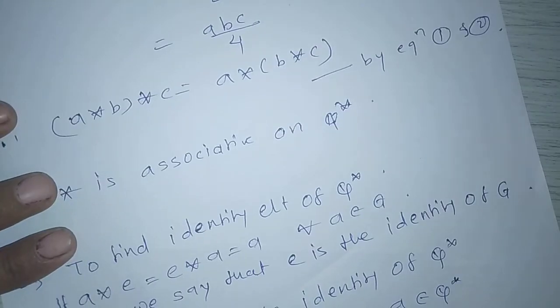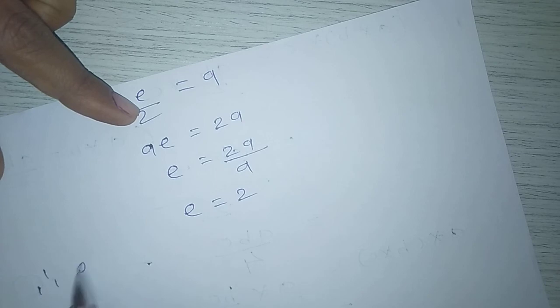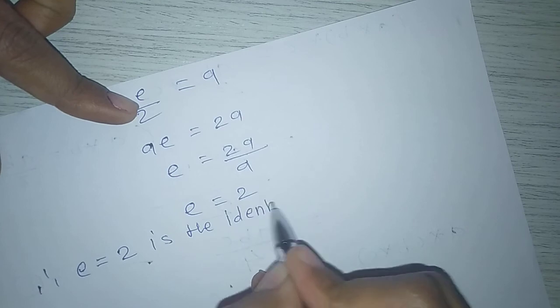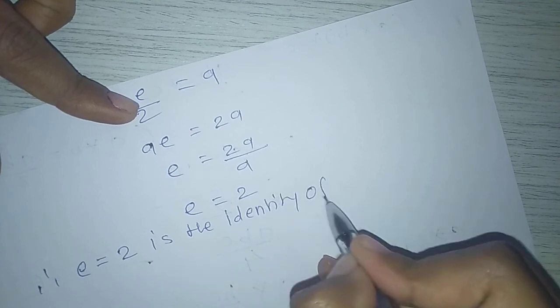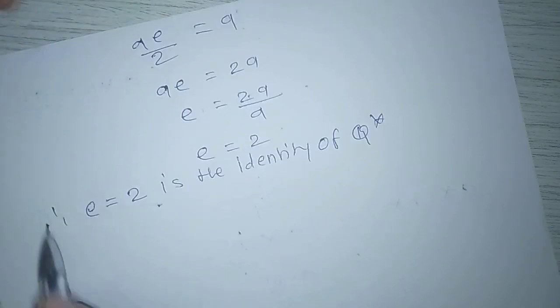And here we consider E is the identity of Q star. Therefore, we get here E equal to 2, which means 2 is the identity of Q star.